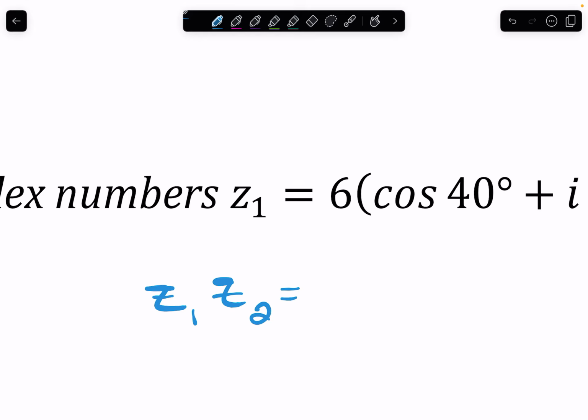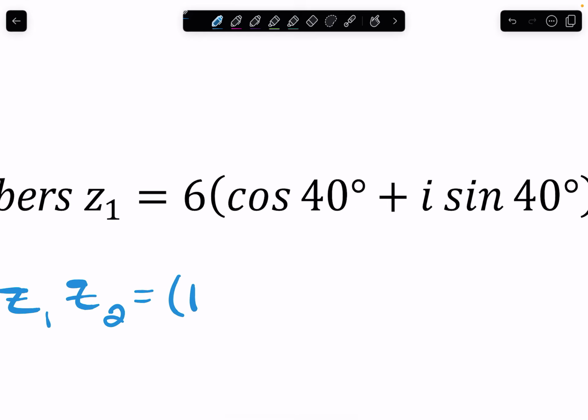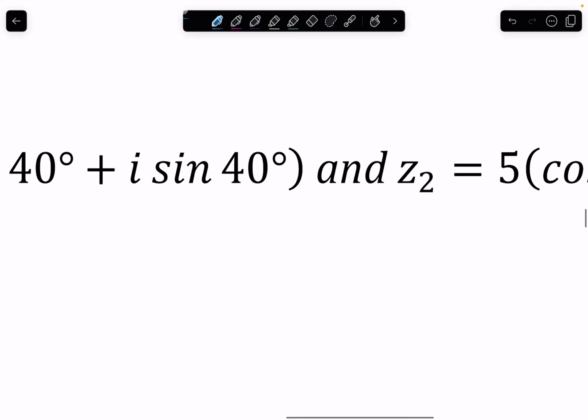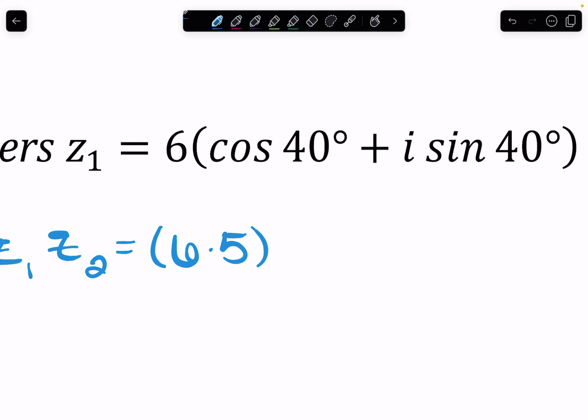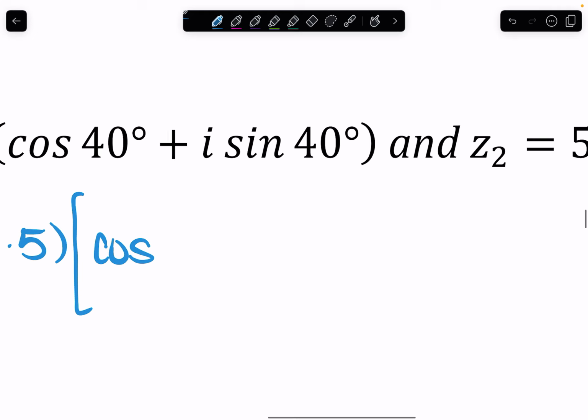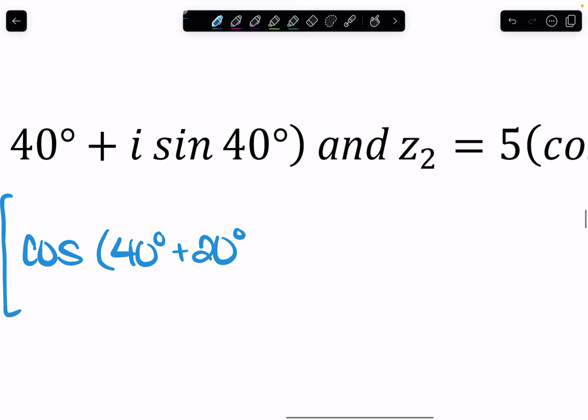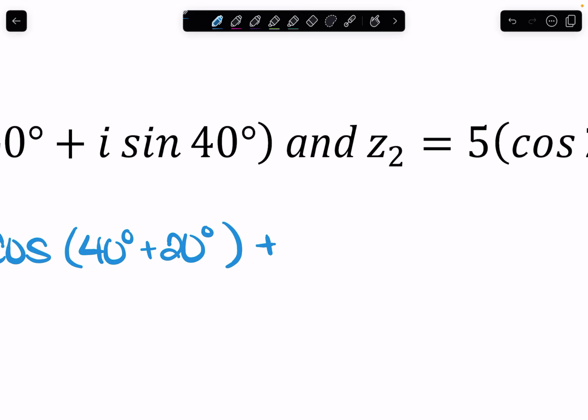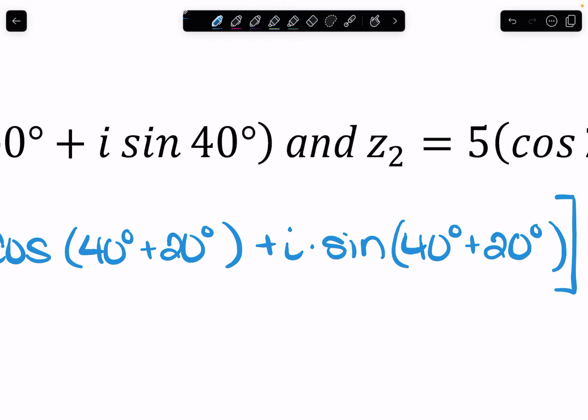equals the product of the radii, so 6 times my second radius, 5, and then cosine of the sum of the angles, so 40 degrees plus 20 degrees, plus i times the sine of the sum of the angles, 40 degrees plus 20 degrees.